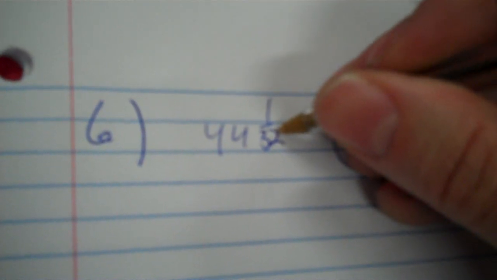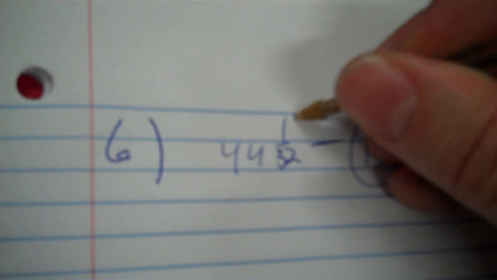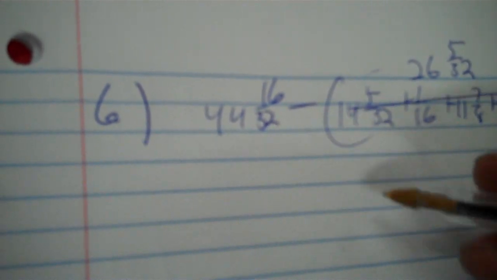I'll get a common denominator of 32. So 2 times 16 is 32. 1 times 16 is 16. So it's going to be 18 and 11/32. That minus that, the whole numbers, I can minus the fractions, 11 over 16. Again, use ABC to make it go a little quicker. So that was number 6.